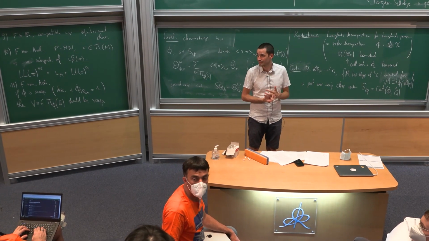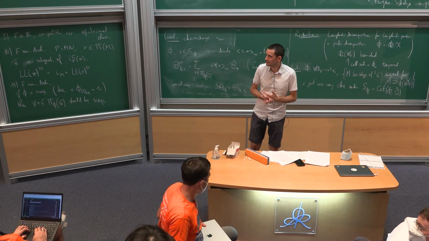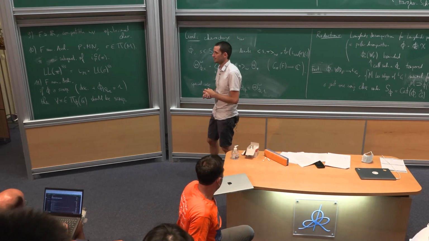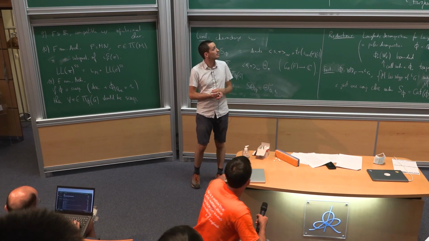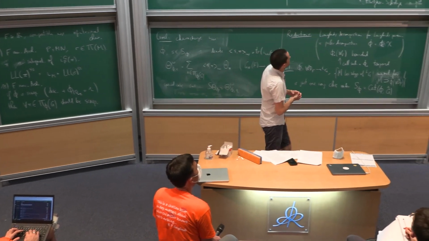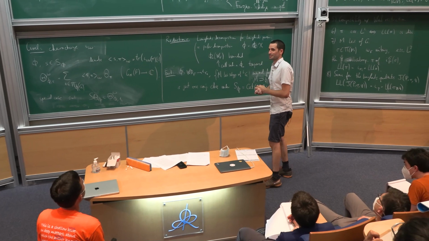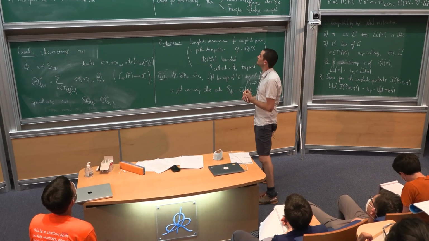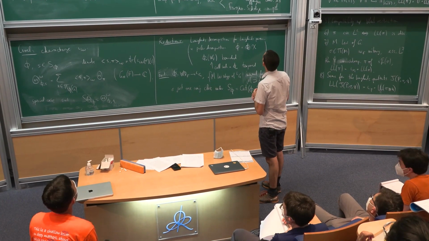In the statement of this conjecture here, what's the logical relationship of the part in parentheses? Is that part of the definition of W generic? Yes, that is the definition of W generic. But the part in parentheses doesn't say anything about W. It depends on theta.